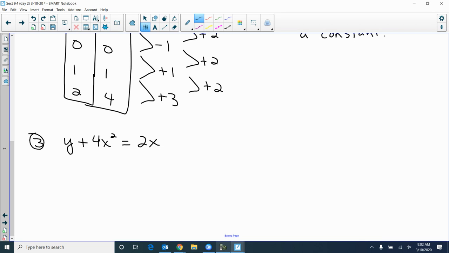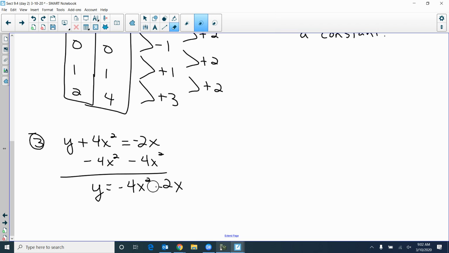There's a 4x squared. You gotta get y by itself, which means I gotta subtract 4x squared. Because if you look at it, you say the 4 is positive, it opens up. That's not gonna be the case. You've gotta get y by itself. That's a negative. Is it negative 2x? Now that x doesn't affect whether it opens up or down.